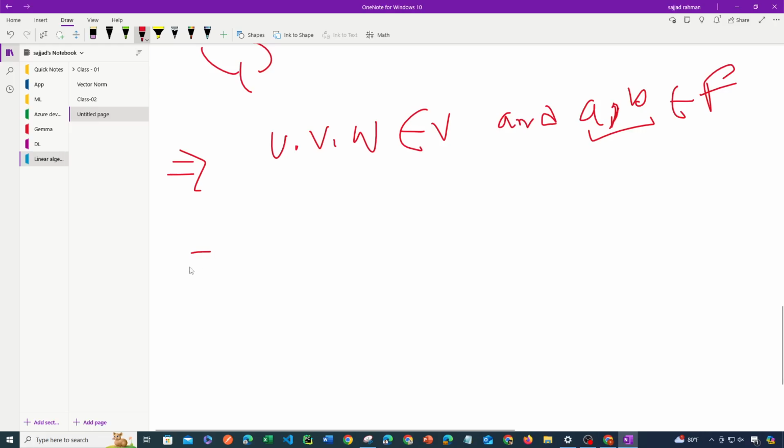So there are some rules. We all know the basic mathematics stuff, like maybe someone has read in set theory that this is the commutative property of addition, isn't it?